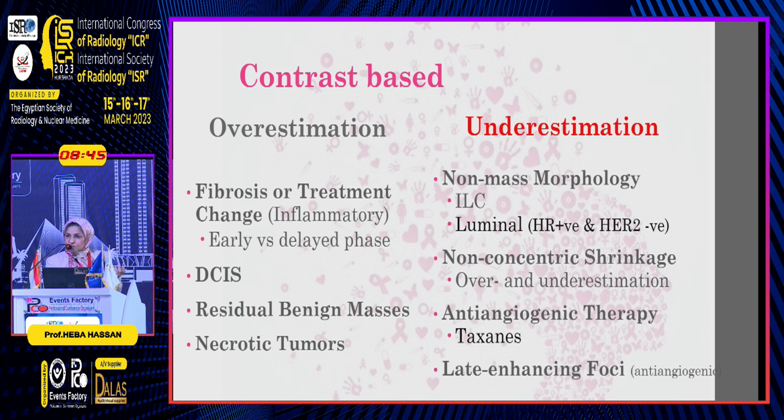Overestimation is not that problematic because the clinician is going to remove the tumor anyway. The problem is with the underestimation, especially in cases who would say, okay, I don't want any surgery, I'm just gonna go for follow-up. So you have to know that it more or less depends on the molecular subtype of the disease, and you have to communicate this very well with your clinician, and hence the MDT decision for your cases.